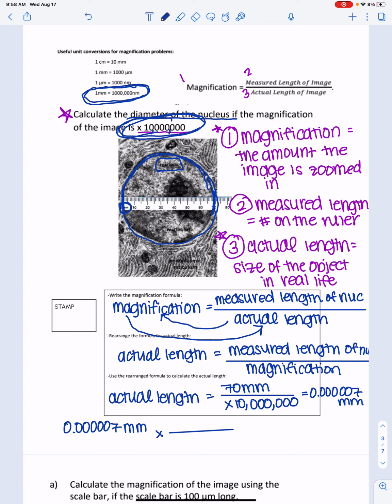I want my units to cancel out, so I'm going to put 1 millimeter down here so that those will cancel, because when you divide millimeters by millimeters, you get nothing. Then I'm going to put the conversion right here: nanometers. When you do that math, you should get 7 nanometers. And that will be the actual diameter of a nucleus.